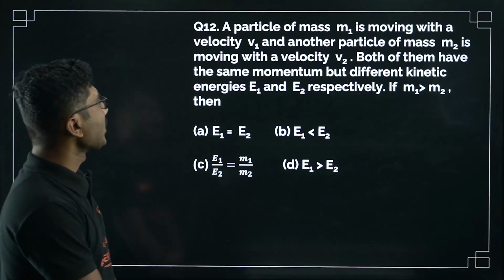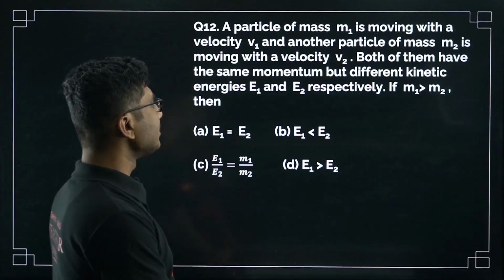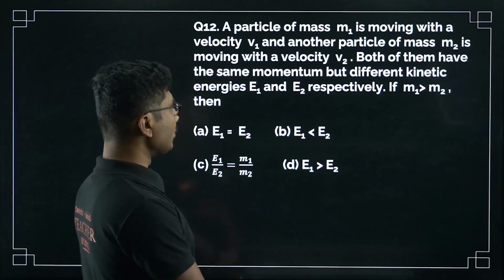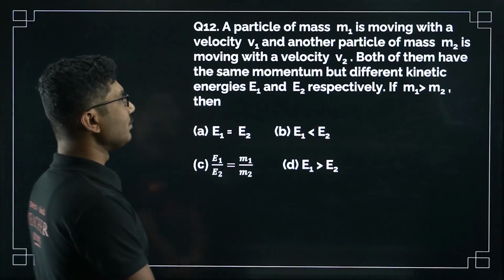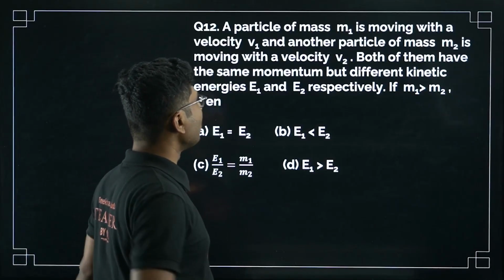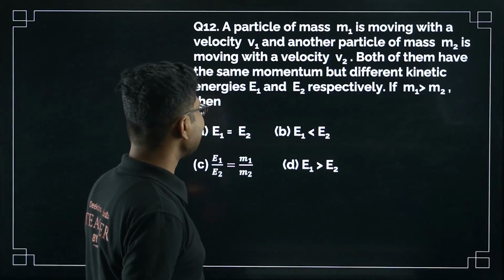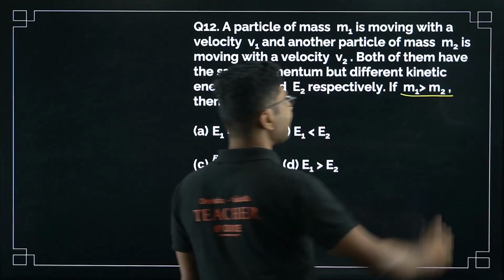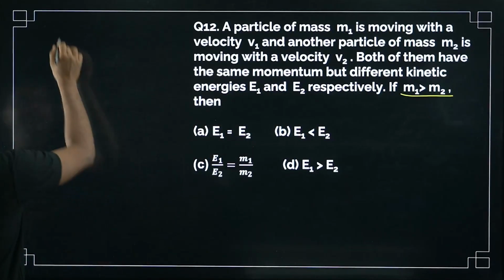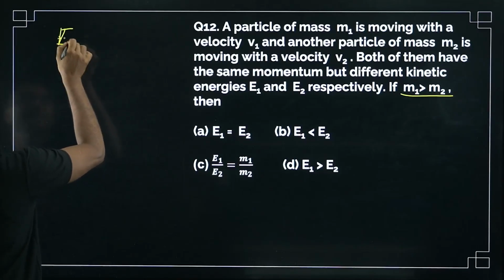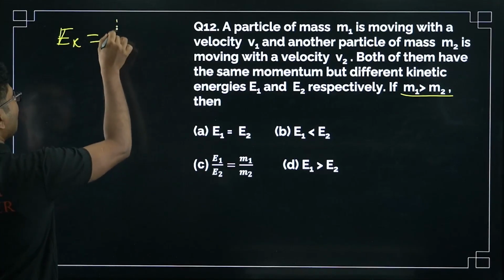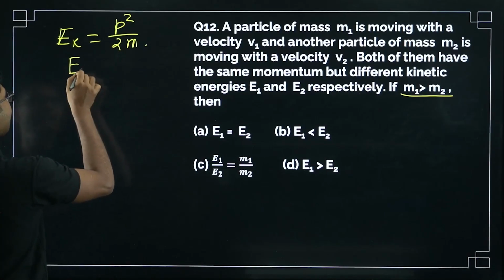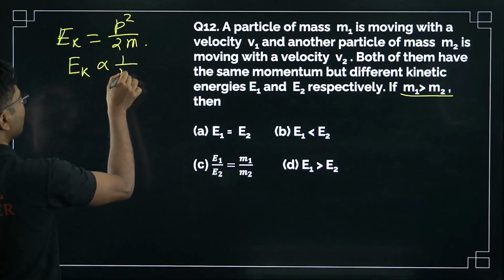Next question. A particle of mass m1 is moving with a velocity v1 and another particle of mass m2 is moving with a velocity v2. Both of them have the same momentum but different kinetic energies E1 and E2. Then if m1 is greater than m2, what is the relation? We know that kinetic energy is given by p square by 2m, so kinetic energy is inversely proportional to mass.